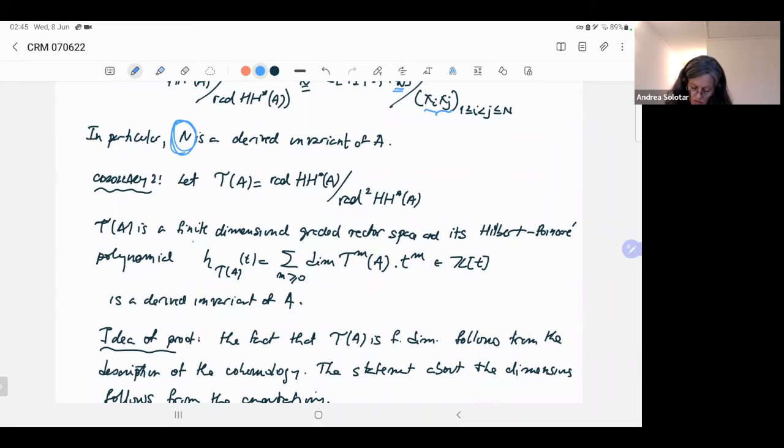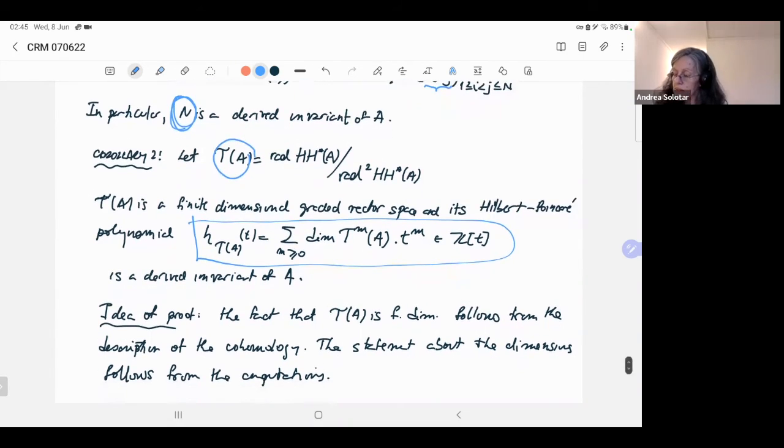It is also a derived invariant. All the dimensions of the homogeneous components of this graded vector space are cohomological, so derived, invariants. And why does this happen? Because all these numbers can be computed from the Hochschild cohomology spaces.